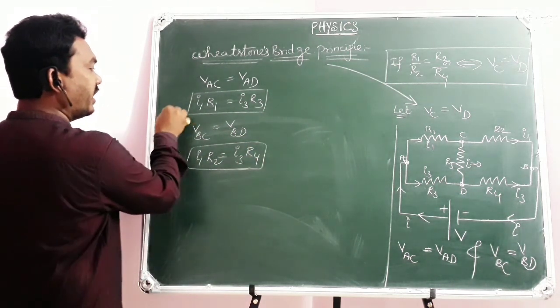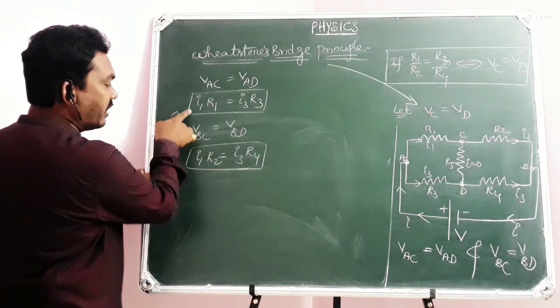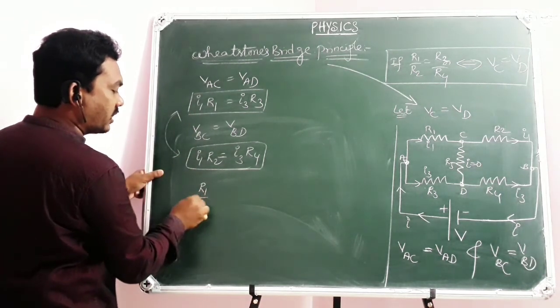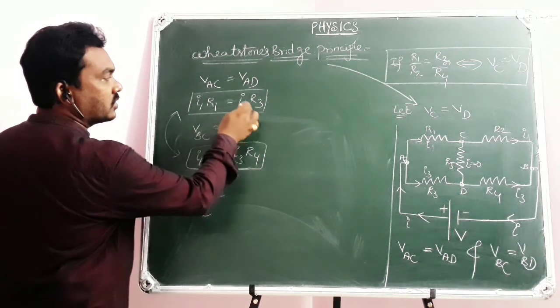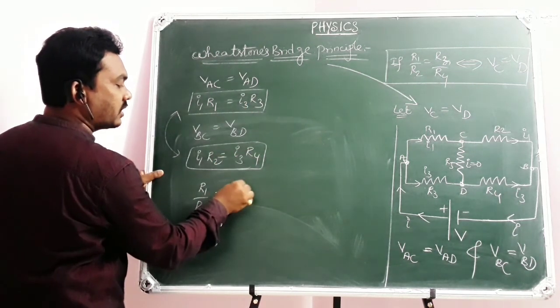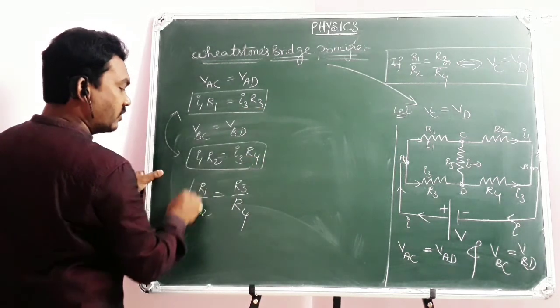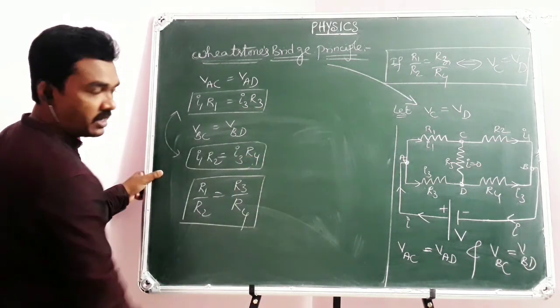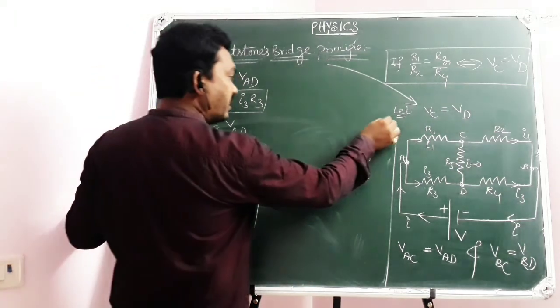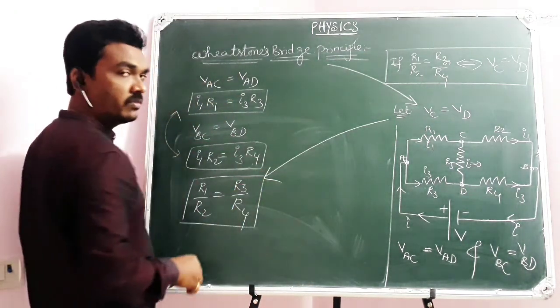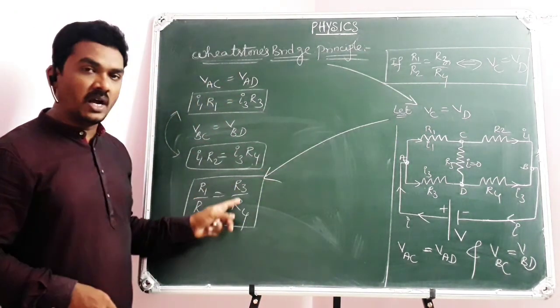Now take these two equations and divide. Then I1 gets cancelled, giving R1 by R2 equal to the RHS, where I3 gets cancelled, R3 by R4. Dividing this equation by this equation, you will get R1 by R2 equal to R3 by R4. It means when VC equal to VD, R1 by R2 equal to R3 by R4.